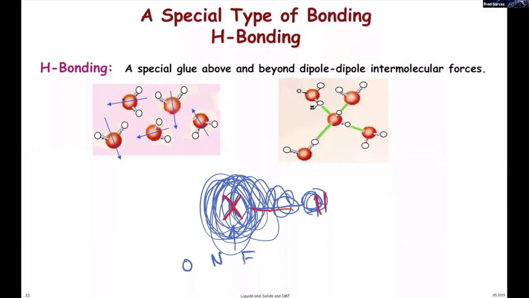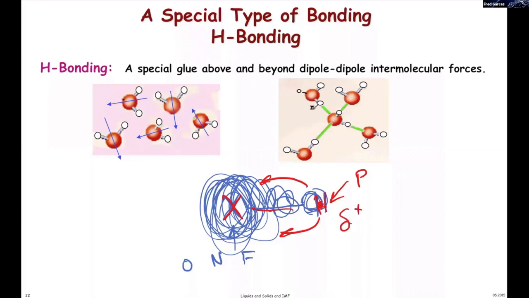What essentially happens is that it rips the electron density off that hydrogen. So what is a hydrogen atom made of? It's a proton and an electron. Since the electrons are all drawn away from the nucleus, the proton is exposed. And because it's exposed, it's got a very high partially positive side.